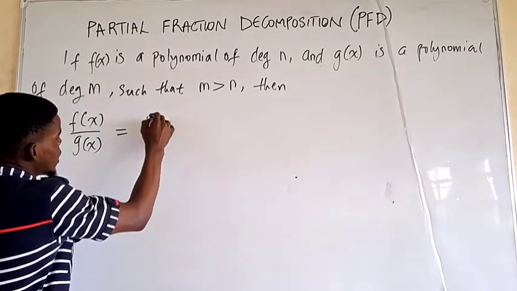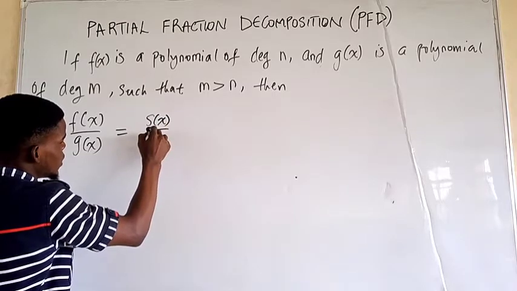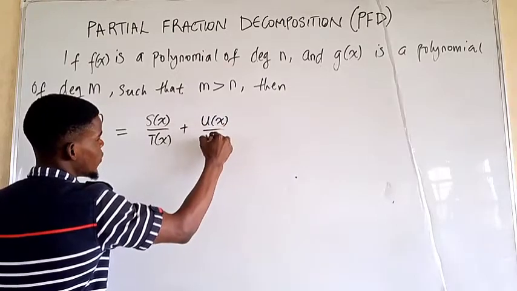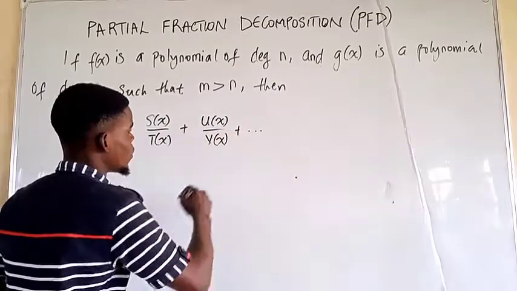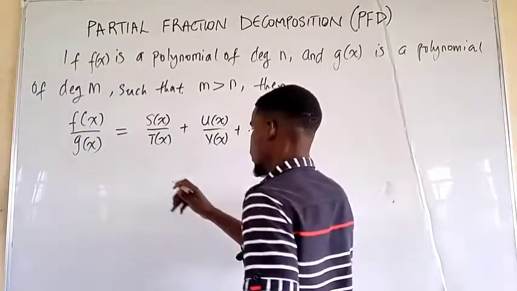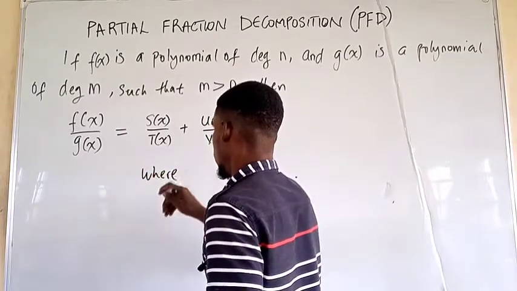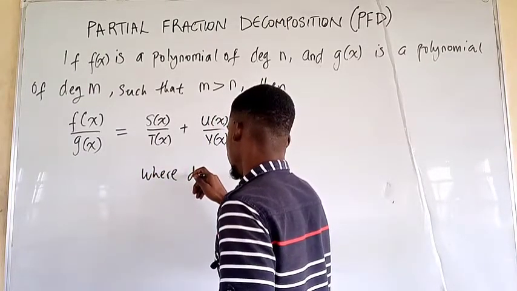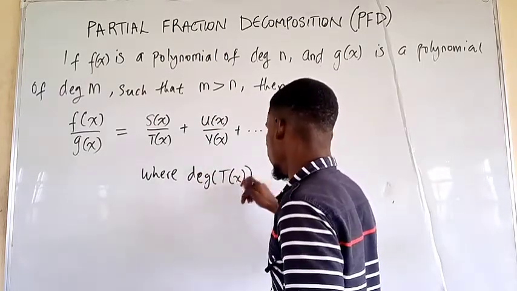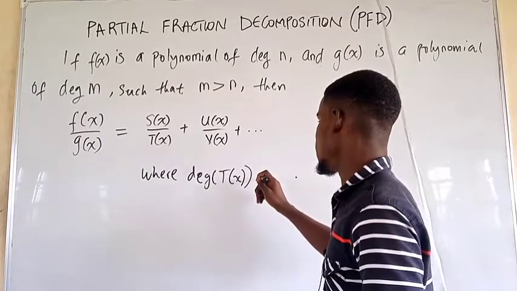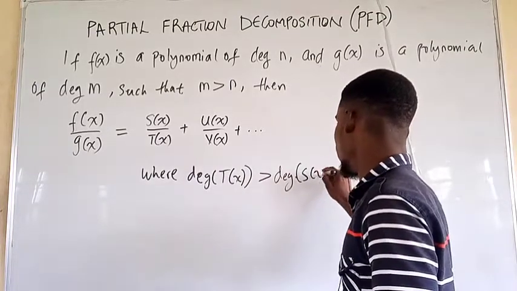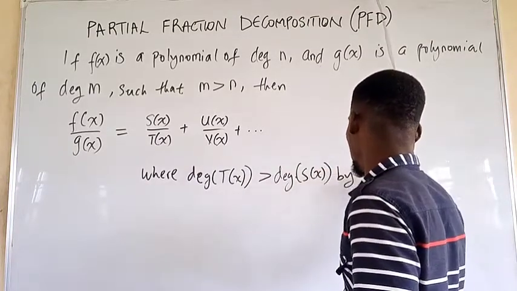Let's put it as, let's say, s of x divided by t of x plus u of x divided by v of x plus and so on and so on, where the degree of this one here is greater than the degree of this other one on top by 1.